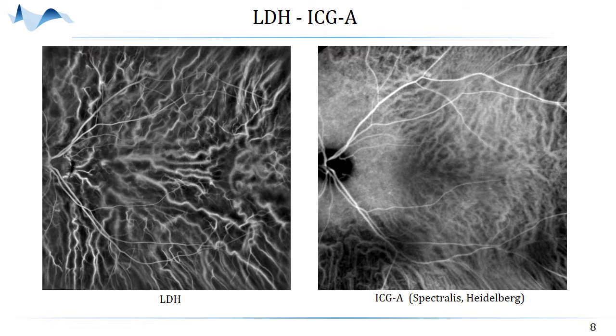We first made a comparison with ICG angiography, and this is the result, and we were quite surprised because we expected both images to reveal the choroid, with the same contrast and the same vessels. Here both images reveal the choroid, but you don't see the same vessels on the left and right images.